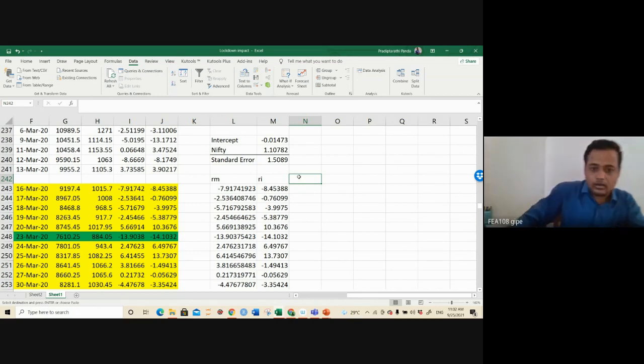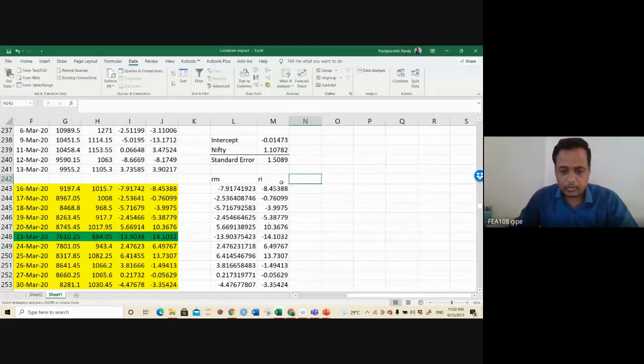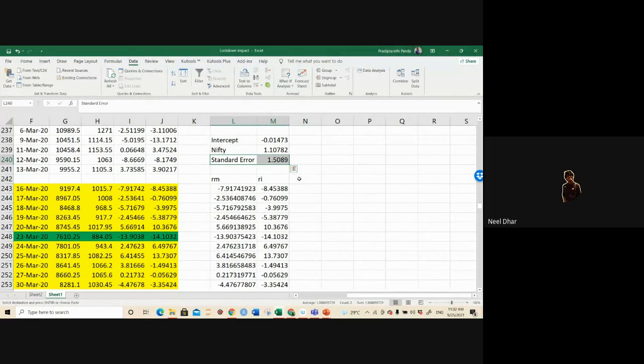You either put these Rm and Ri values and try to find your MSE, mean square error, or we can find the alpha beta values for this part of the model and use a t-test to see if our alpha and beta are similar for the two.